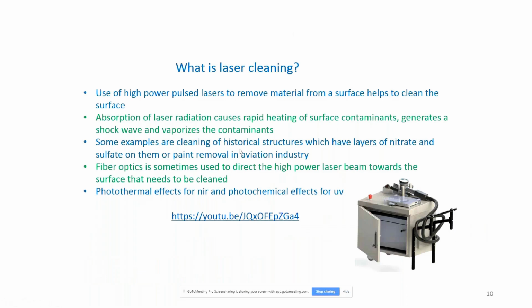So let's look at what is laser cleaning. So use of high power pulse lasers to remove materials from a surface helps to clean the surface. Lots of times surfaces are contaminated with nitrate and sulfate, especially in outdoor environments for historical monuments. You get all kinds of pollutions deposited.